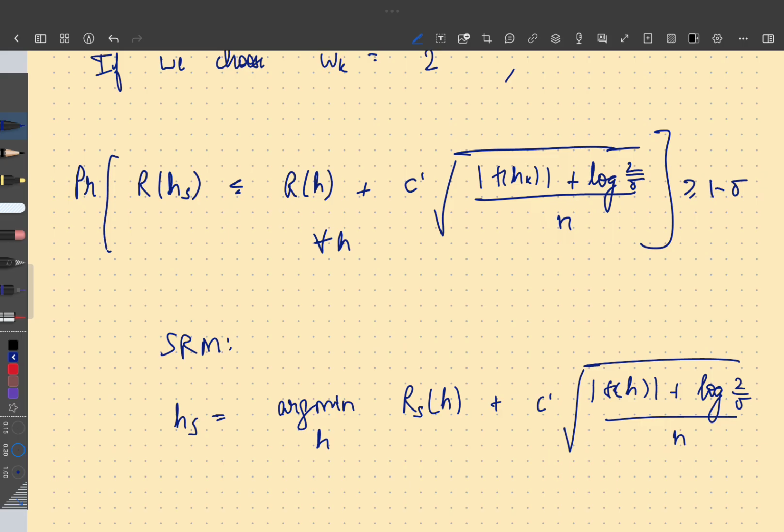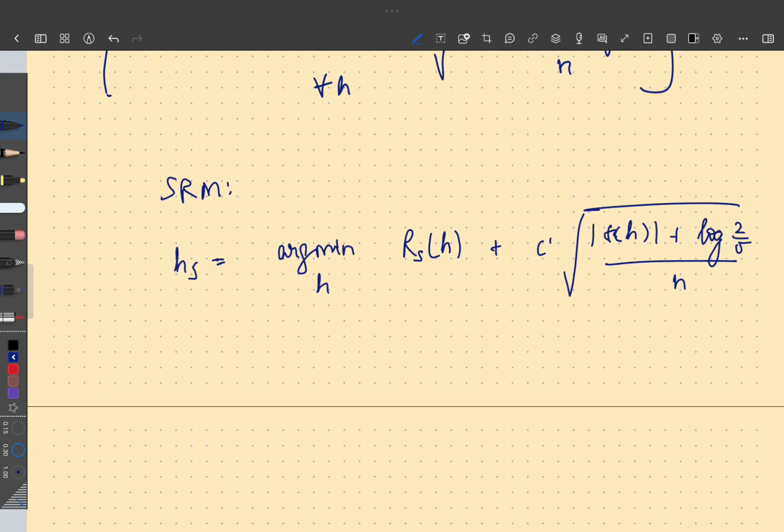So your regularization term gives you a higher penalty for those which have a more complex description, which is the basis behind the so-called minimum description length principle.